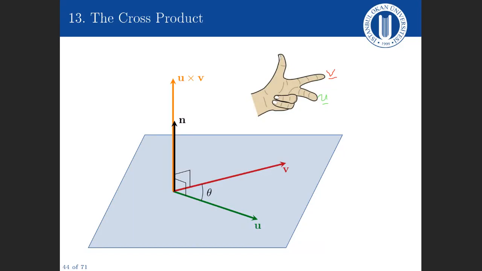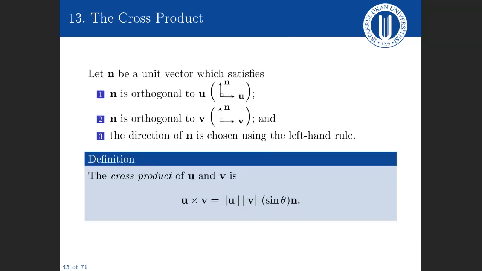Then our hand tells us which way u cross v points, because u cross v always points in the same direction as our thumb. Let me be a little bit more precise. Let's suppose that n is a unit vector which satisfies three rules.